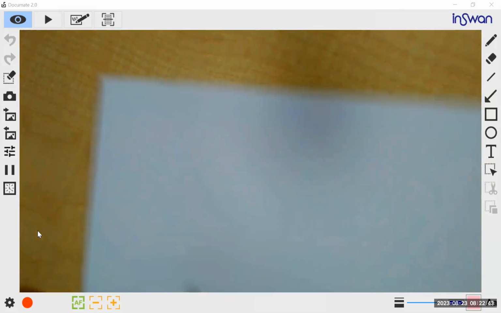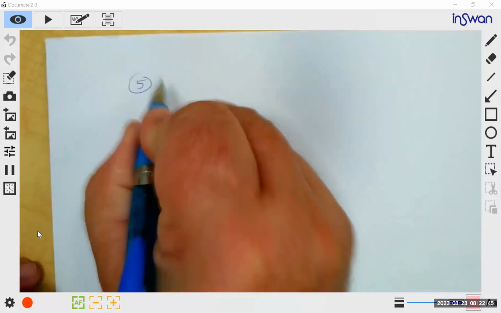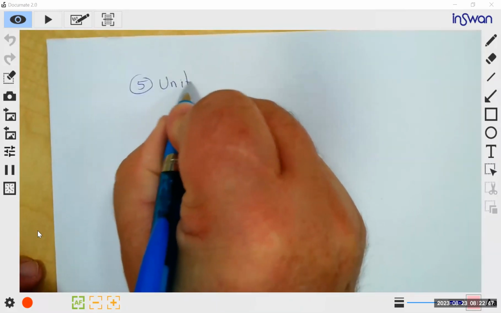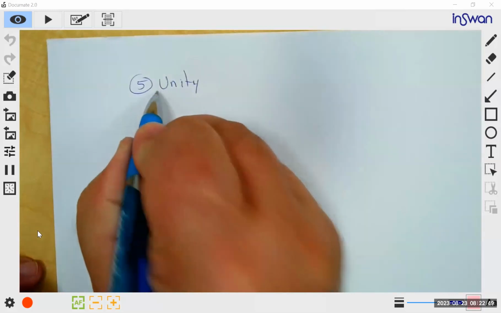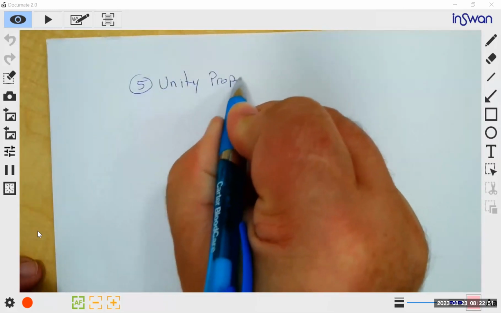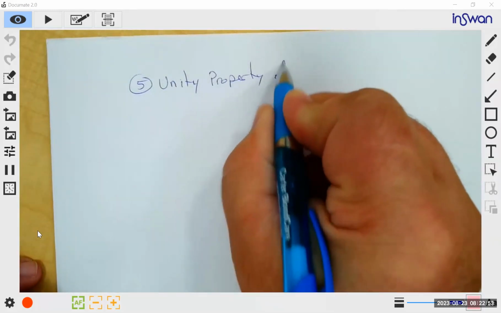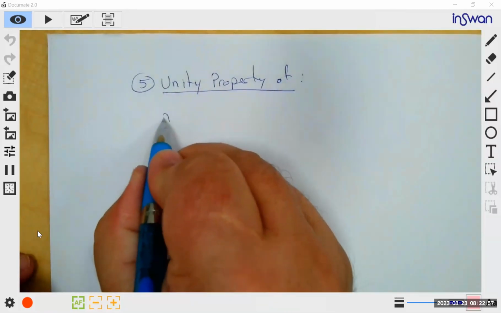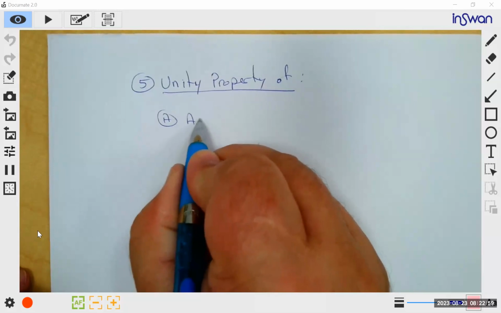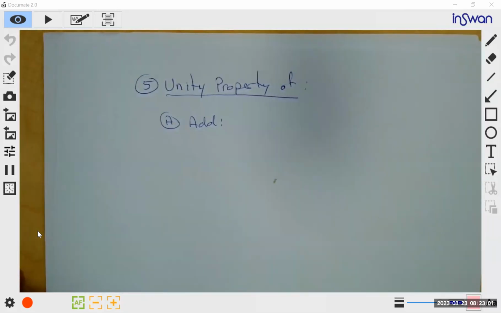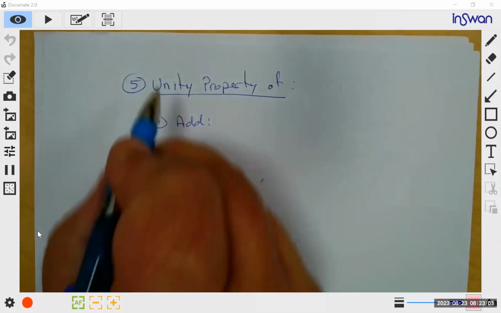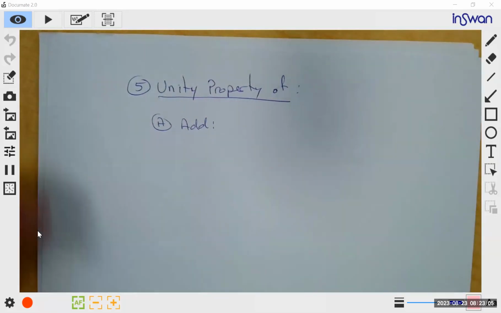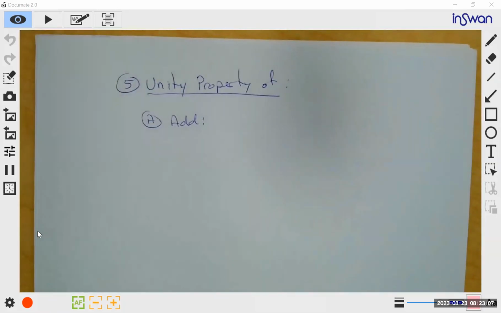And the last property that we're going to talk about is the unity property of addition. Another name for unity, we can call it the identity property.